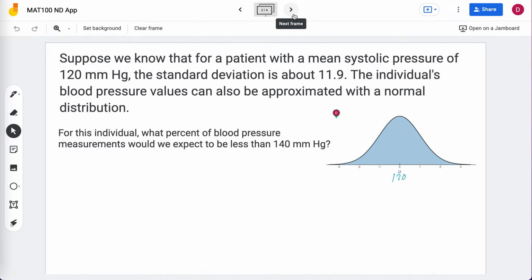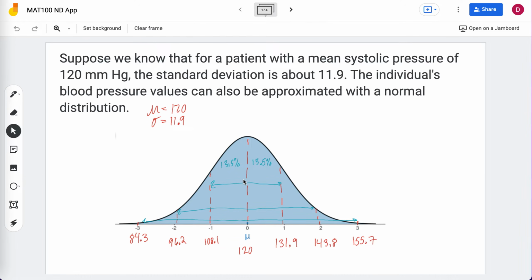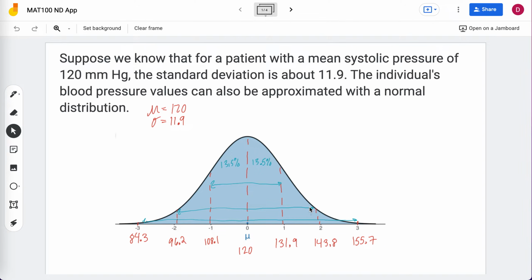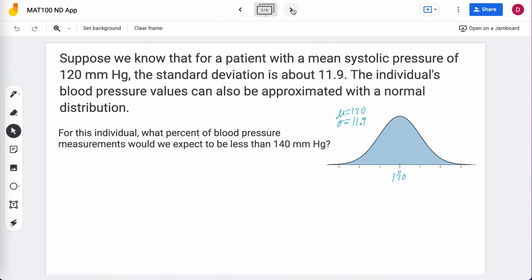My mean is 120, my standard deviation was 11.9. And 140 is a little bit below the second standard deviation above. On my picture, this is about where 140 is, and I want to know what this percent is.